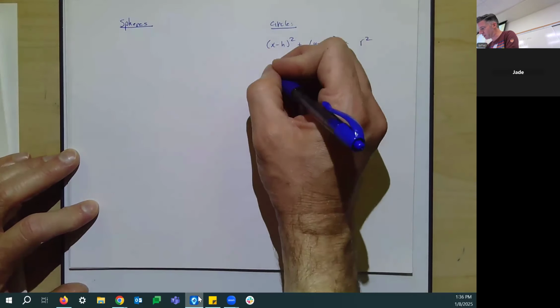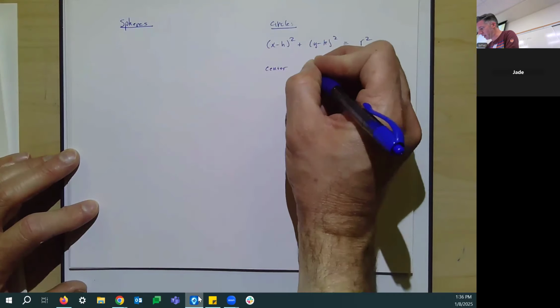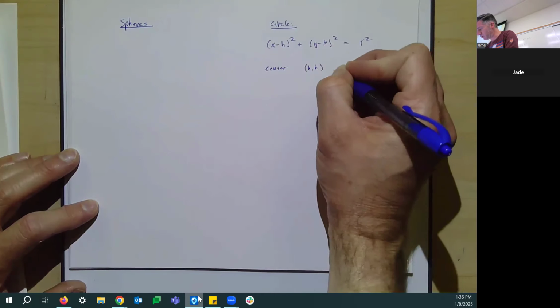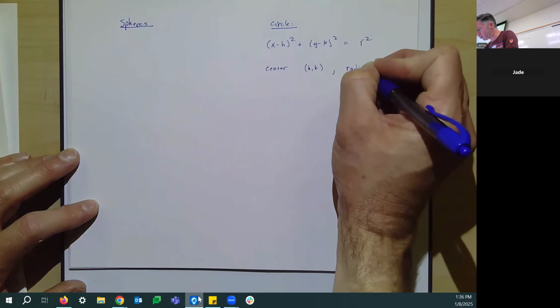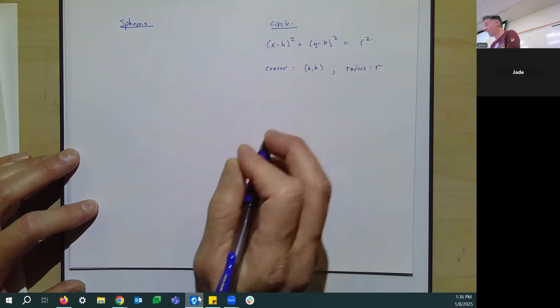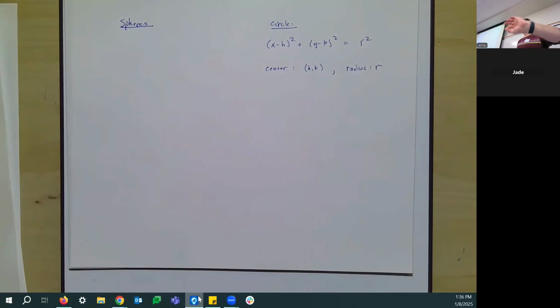And that's a circle whose center is the point h comma k and whose radius is r. I will point out, because I think it's useful to know, the center is not a point on the circle. Obviously, right? If you look at the circle, the center is not on the perimeter of the circle, which means the center isn't a point that satisfies the equation of the circle.